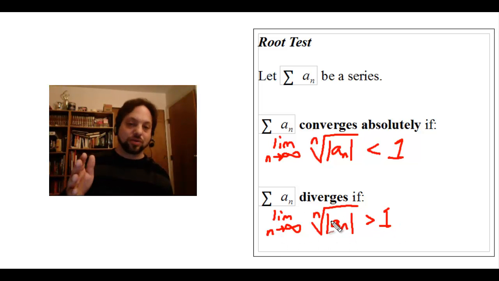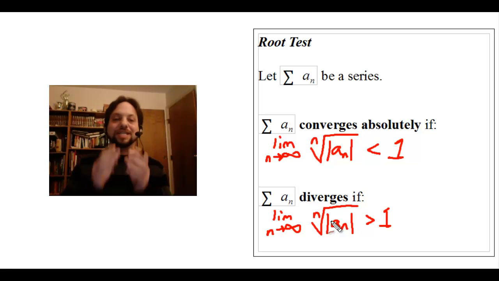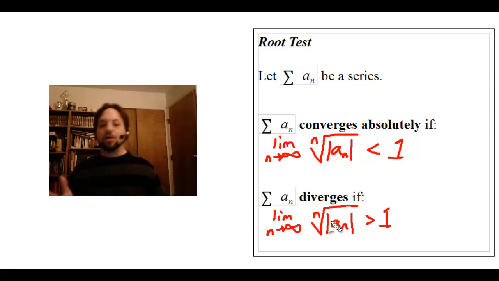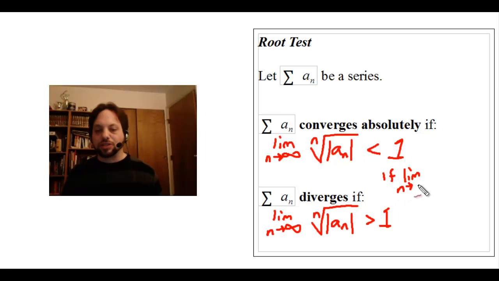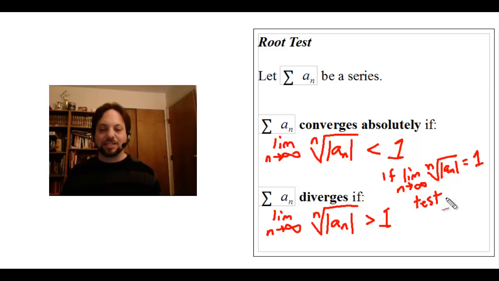Now, just like with the ratio test, you might be asking, what happens if the root test yields a value of 1? And let me go ahead and write that here. If the limit as n approaches infinity of the nth root of the magnitude of the current term equals 1, then the root test will in fact be inconclusive.